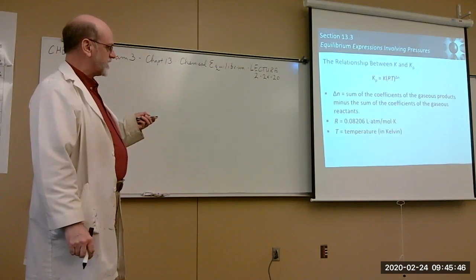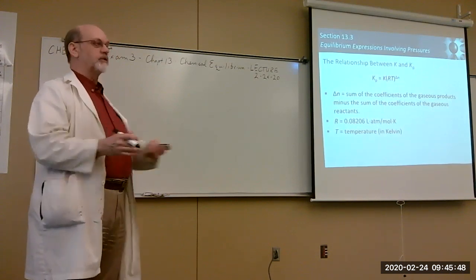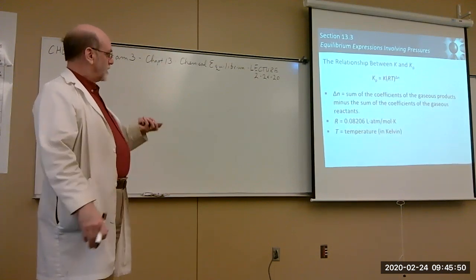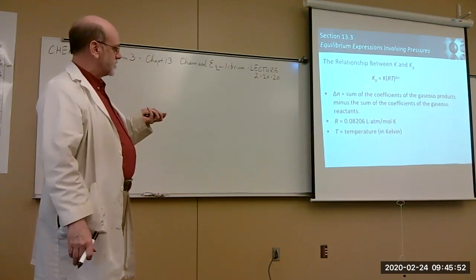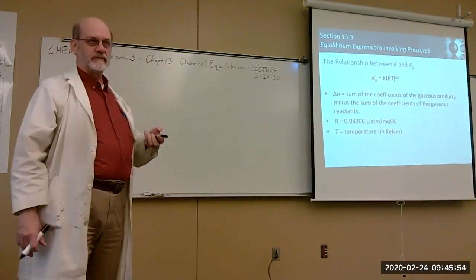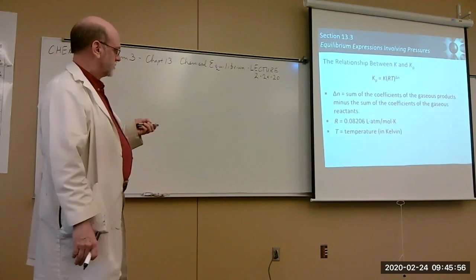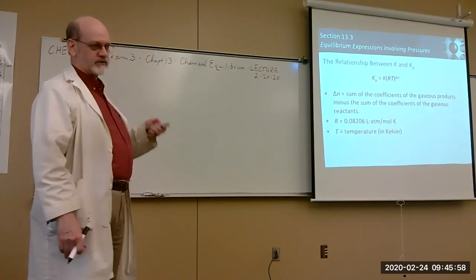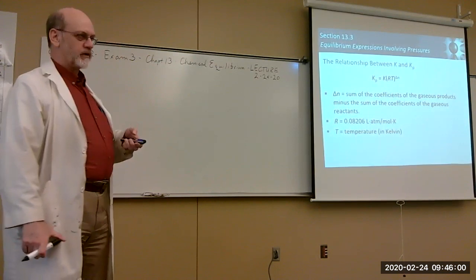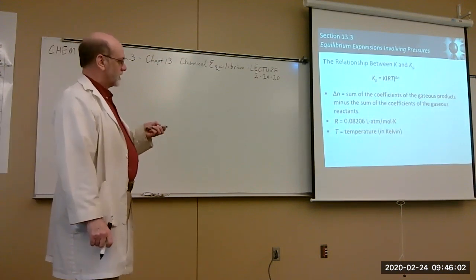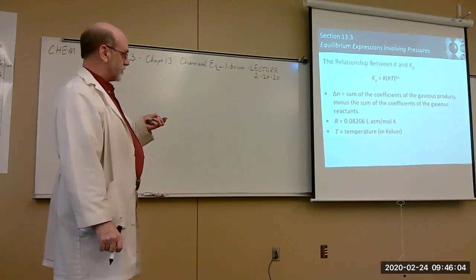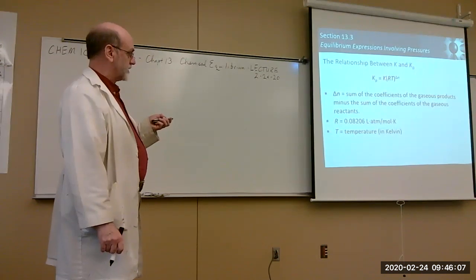This is your K value that you may have determined or may have been given. And then this is the K in terms of partial pressure, derived from atmospheres, I should say, because we don't know what the units are. But this would be derived from atmospheres, this would be derived from molarity.